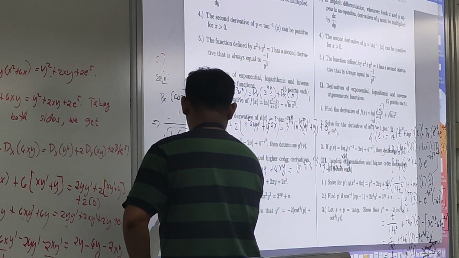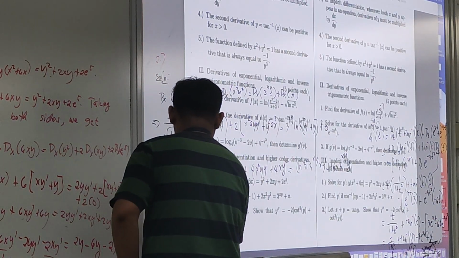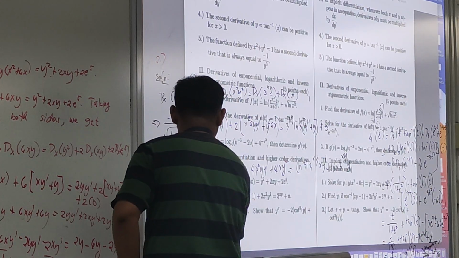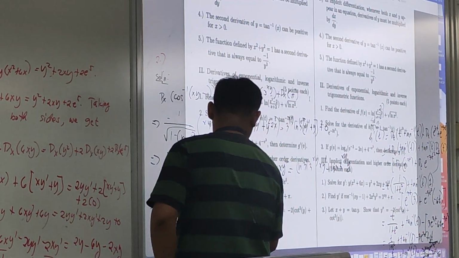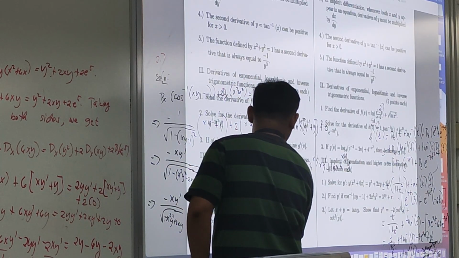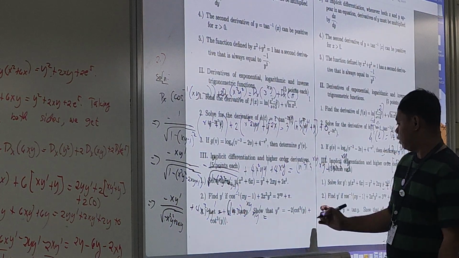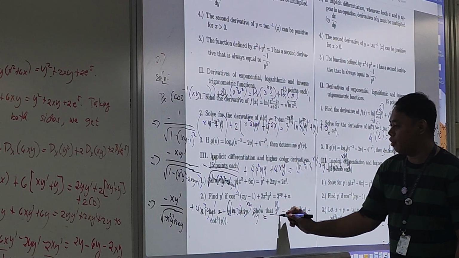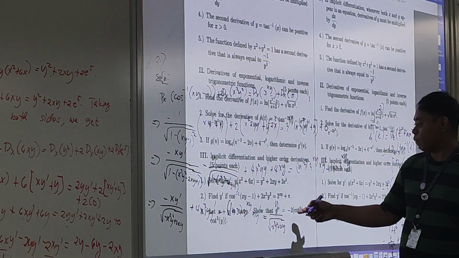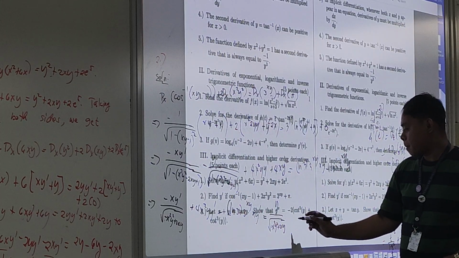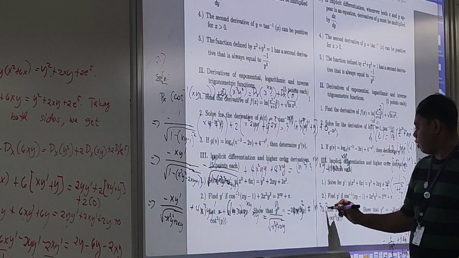So we have negative xy prime all over the square root of 1 minus, this one here is just negative x squared y squared plus 2xy, plus 4x squared y prime is equal to minus ln of 3 to the xy prime, which is equal to y all over the square root of negative x squared y squared plus 2xy, and then we have minus 4xy squared plus ln of 3 to the xy.